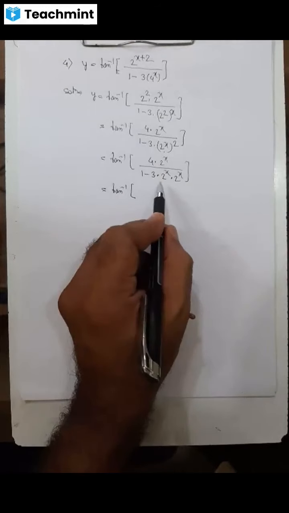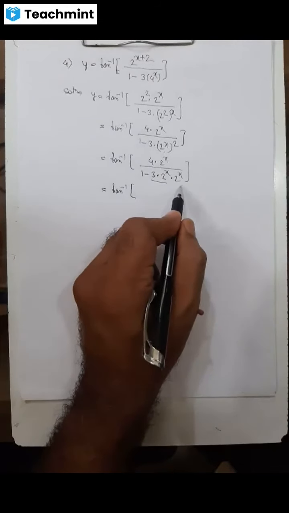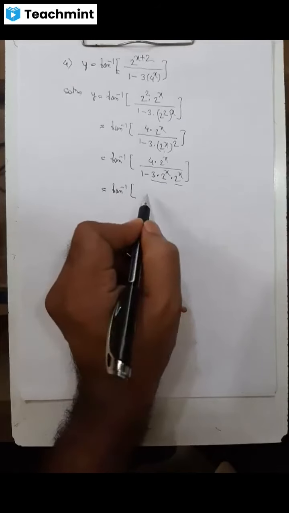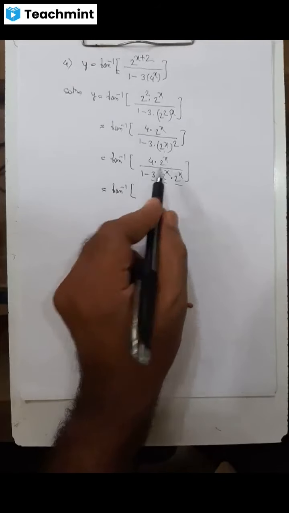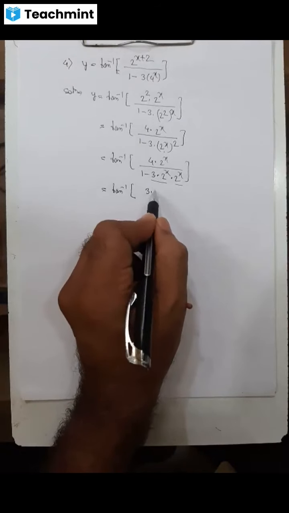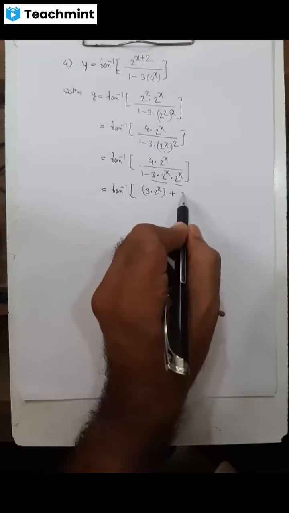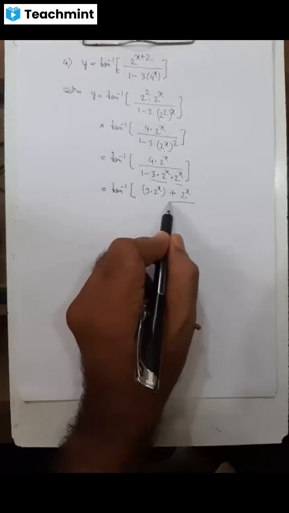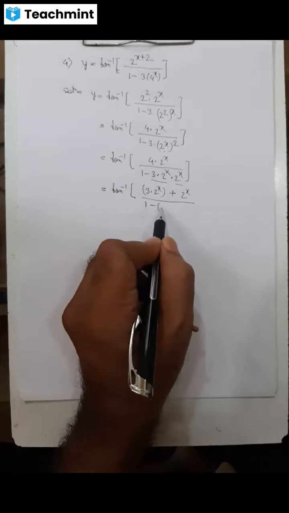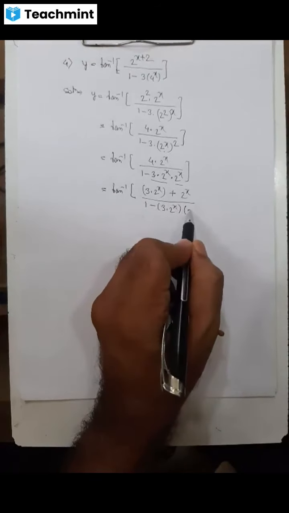We can write 3 into 2 to the power x one term and 2 to the power x is second term. So numerator 4 times 2 to the power x can be written 3 times 2 to the power x plus 1 time 2 to the power x, denominator 1 minus 3 into 2 to the power x into 2 to the power x.